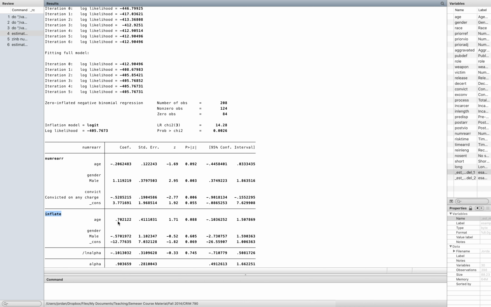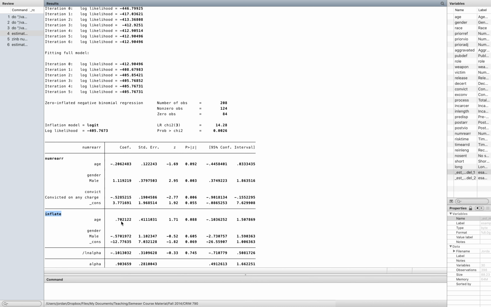So what this is telling you is that for every unit increase in age, even though it's not significant, the log odds of being in a certain zero category increases by 0.70.